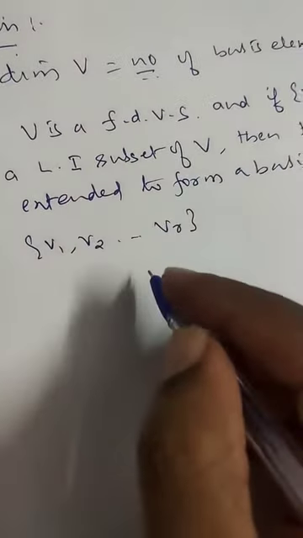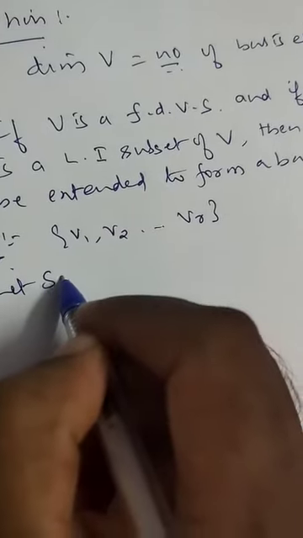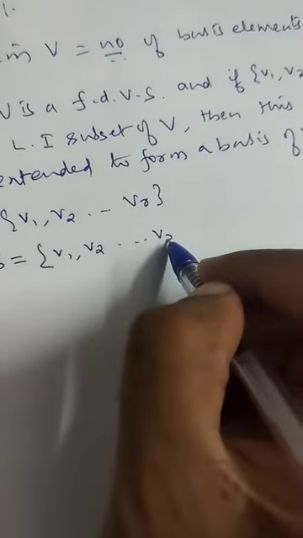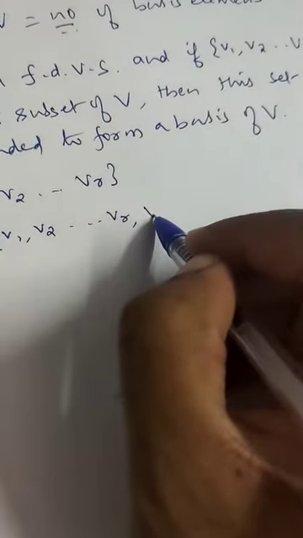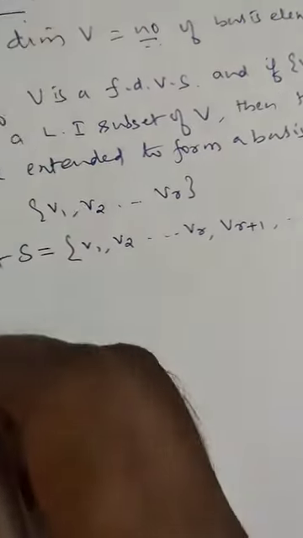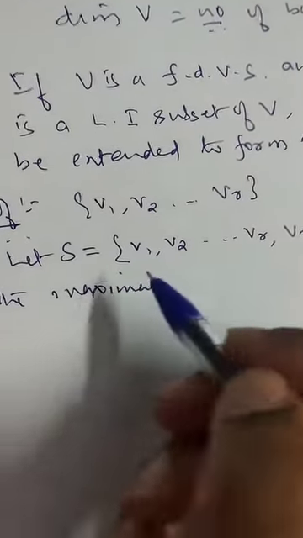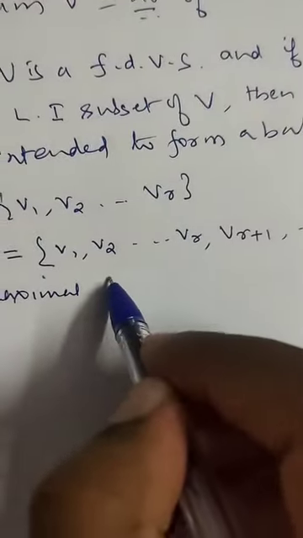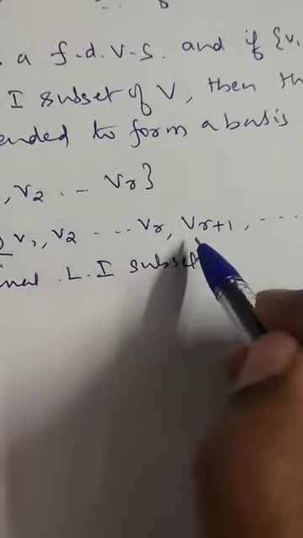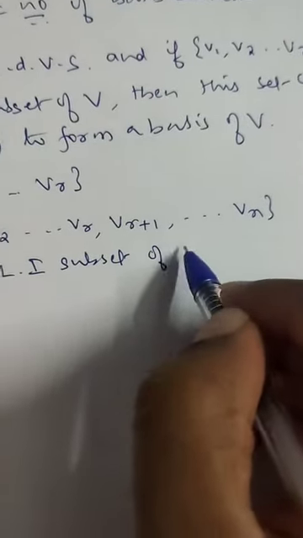So let S be the vectors V1, V2, etc. Vr, with the other elements Vr plus 1 and so on up to Vn added, be a maximal linearly independent subset of V.